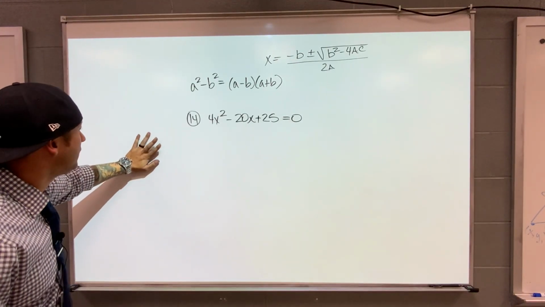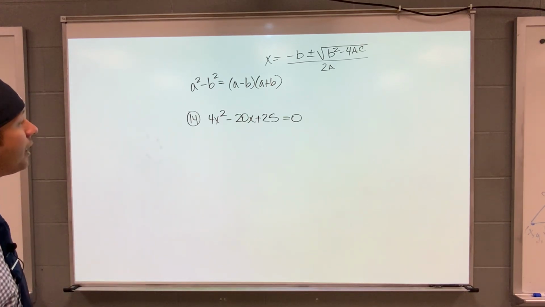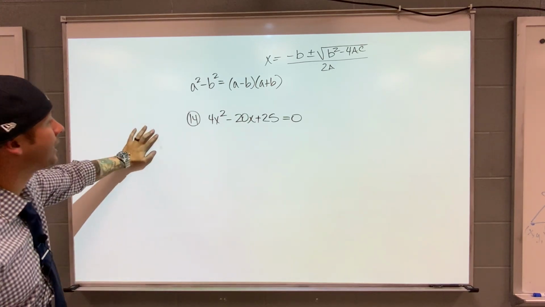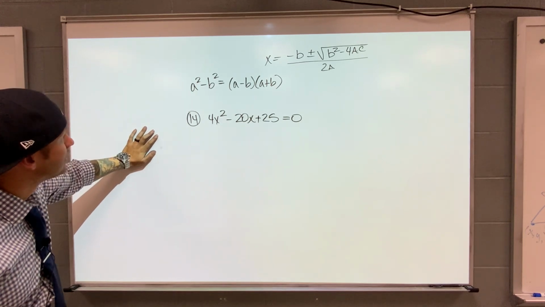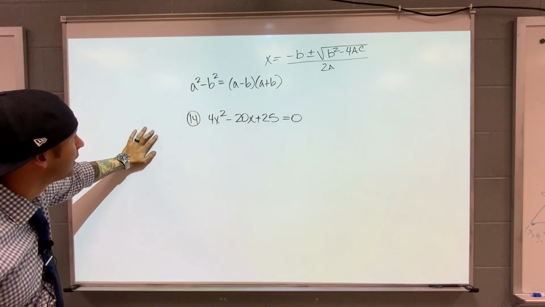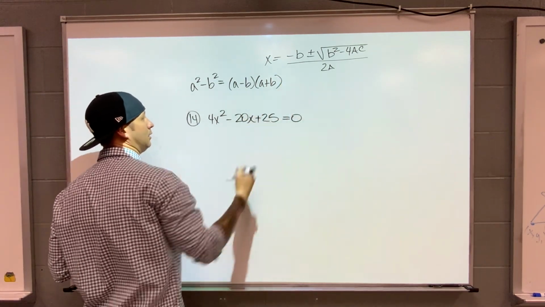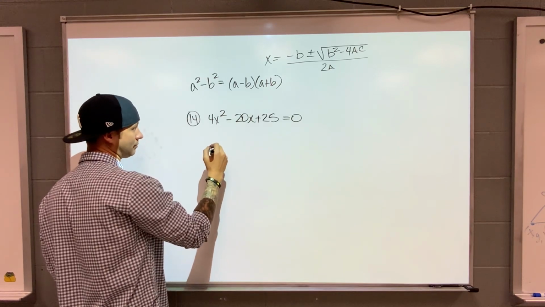All right, number 14. 4x squared minus 20x plus 25. Can't factor anything out. Definitely don't want to complete the square. Let's just use the quadratic formula.